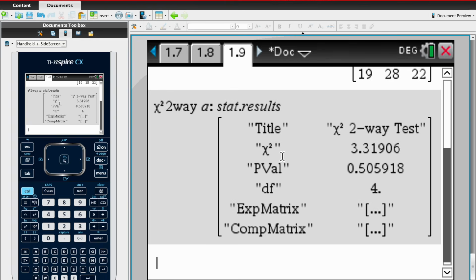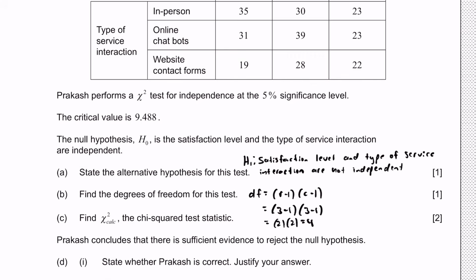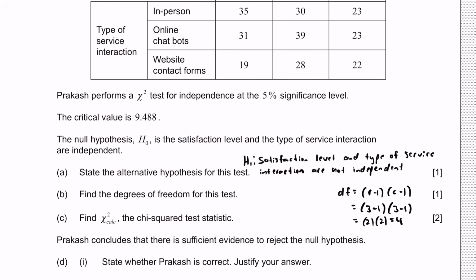All right, so now we have these 3 pieces of information which we often want. Degrees of freedom, we already found. P-value is important, but here we want to find the chi-squared value, which is 3.319 or 3.32. So let's go ahead and write that out. So going back to the document here, I'm going to move this aside.